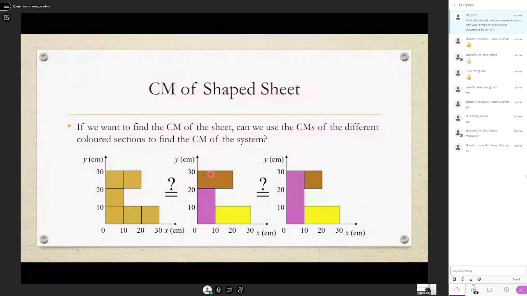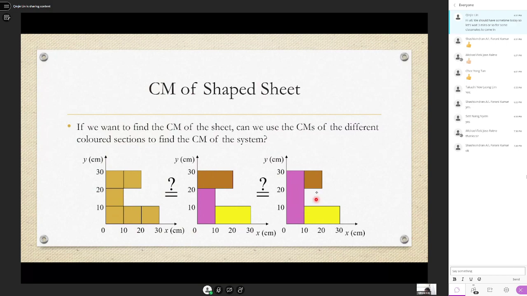You will have different CMs. If you group them differently again, and then calculate the resultant CM, the final CM, will they come to the same exact point? That's what we are trying to find out.